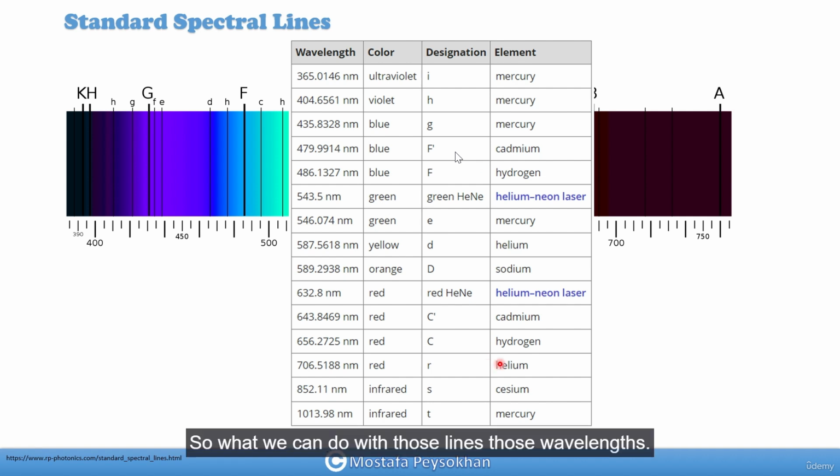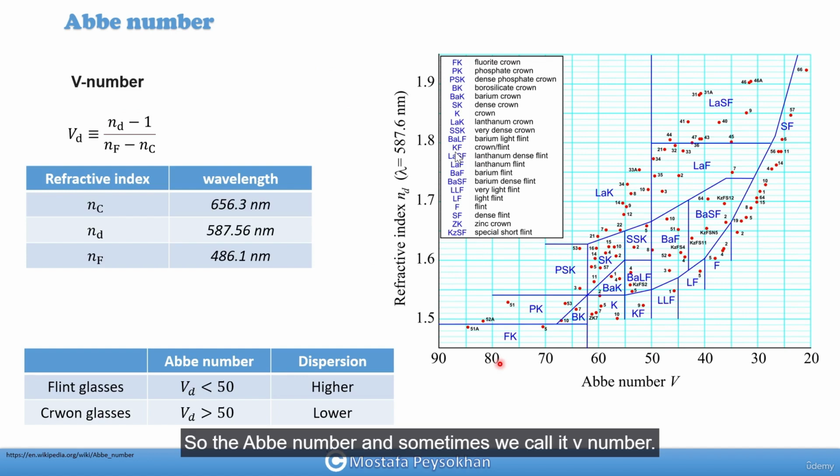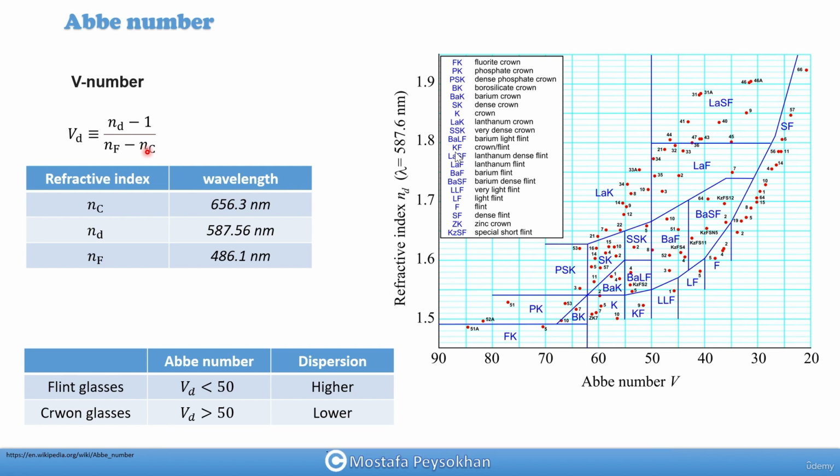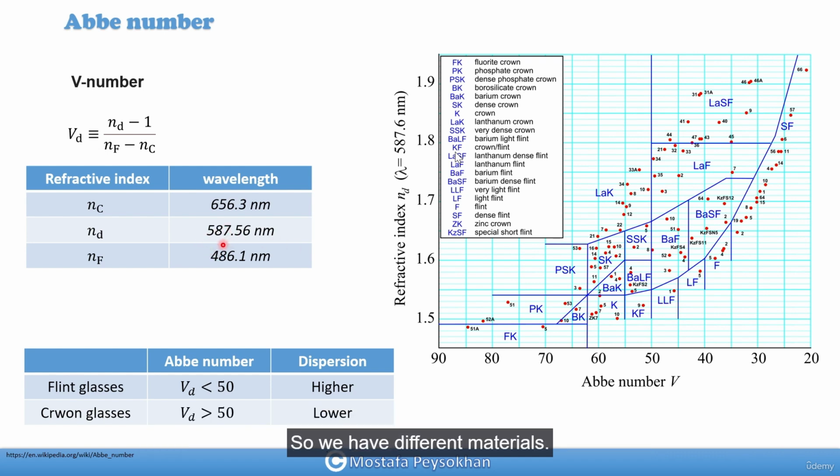So what can we do with those lines, those wavelengths? What is the Abbe number? The Abbe number, and sometimes we call it V number, has a definition, which is Nd minus 1 over Nf minus Nc. As I mentioned before, Nd is the refractive index of the material at the wavelength 587. So we have different materials.